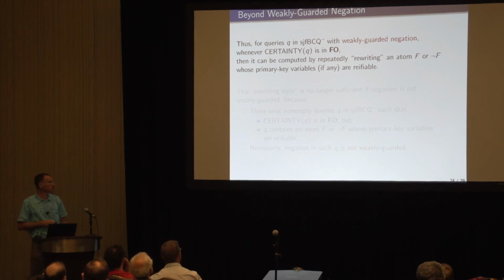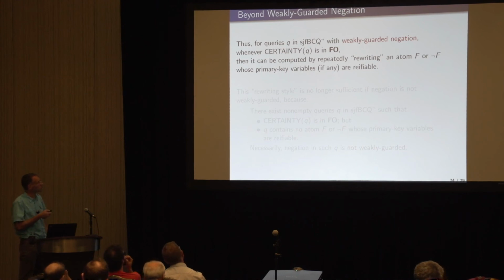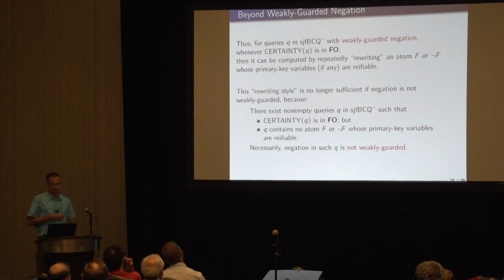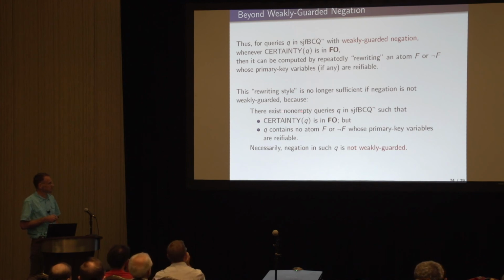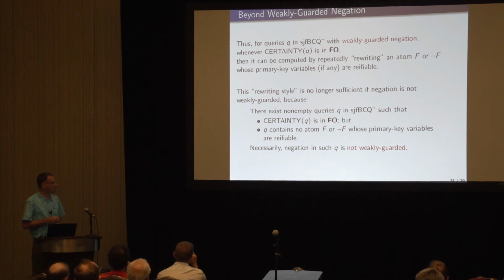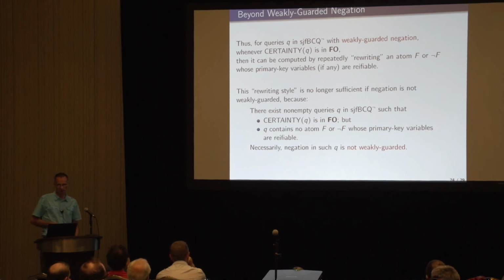And then interestingly, and now I come to the point, why do we need weakly guarded negation? It turns out that this style of rewriting is no longer sufficient if the negation is not weakly guarded, right? Because if negation is not weakly guarded, then there exists a query, and I will show such a query on the next slide, so that certainty Q is in FO, but there's no atom whose primary key can be reified.